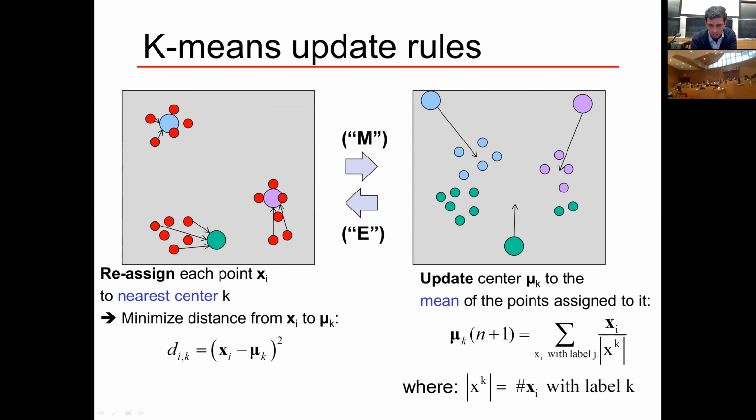So it's just that average summing over all the x's that have that label k. Okay? And then this is simply the cardinality, the number of x_i's that have label k. So basically, this is the Euclidean distance, and this is the averaging of those points to basically recompute the centers.